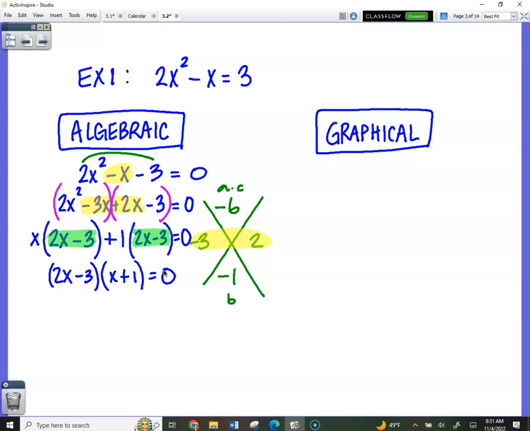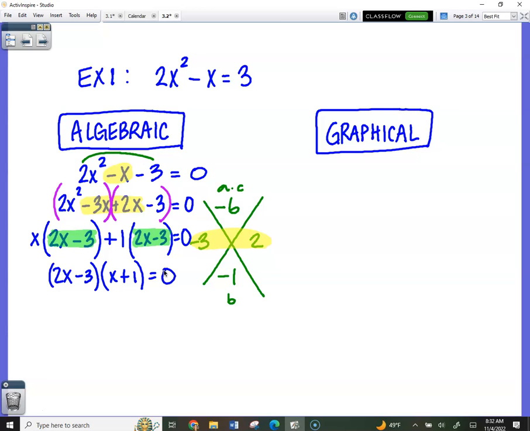So you've just taken a polynomial, rewritten it into 4 terms, pulled the GCFs out, then you had a new GCF, you pulled it out, and now you have a binomial times a binomial. And this is important because now we can say, notice that you have something times something equals 0. This means one of these things has to be the number 0. That's the only way to multiply 2 things together and get 0.